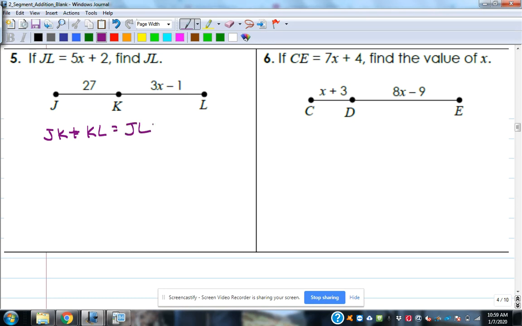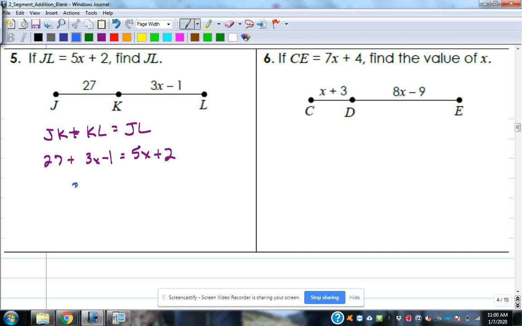And then replace everything you know. 27 plus 3x minus 1 is equal to 5x plus 2. Excuse me. Be careful not to miscopy the problem. I almost did. Just be careful about it, because the math we're doing is not hard. Most of the math you'll do in geometry is not hard. Just easy to make mistakes.